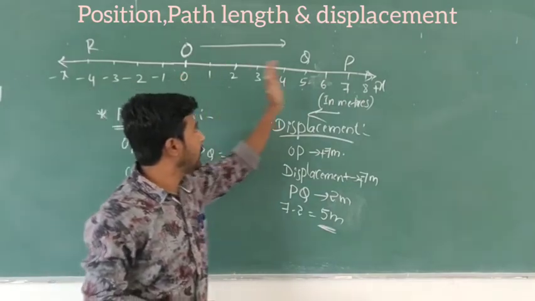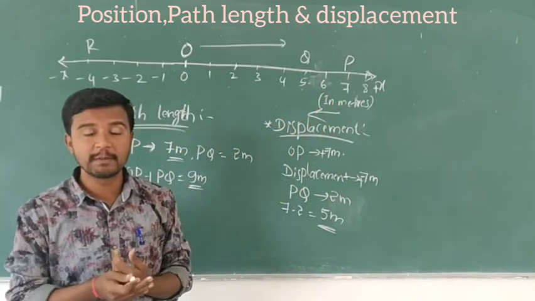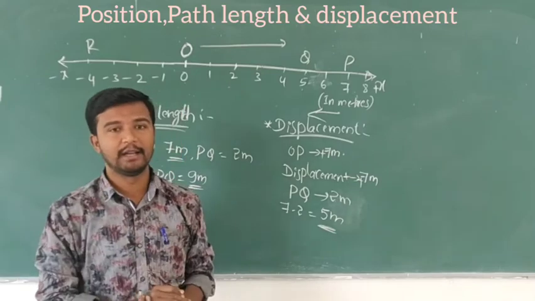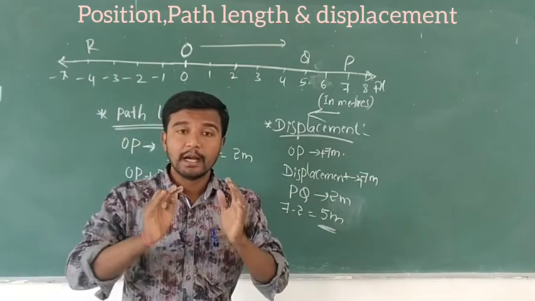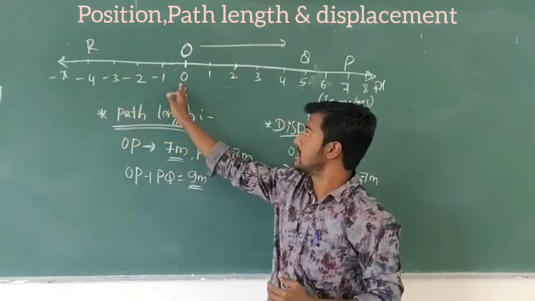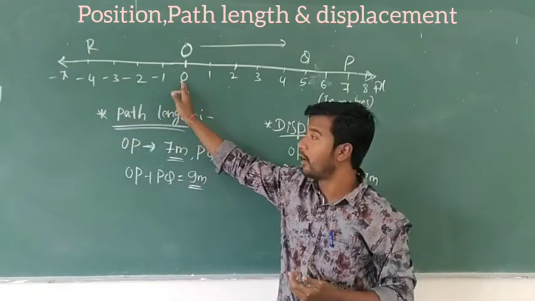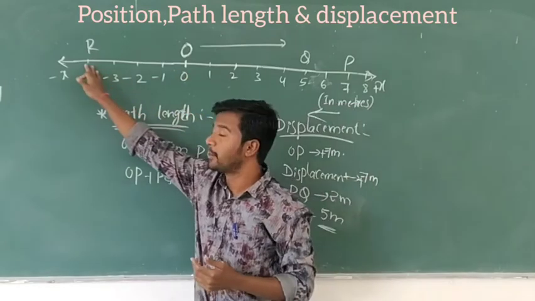Means O to P and P to Q, the total displacement is 5 meter.